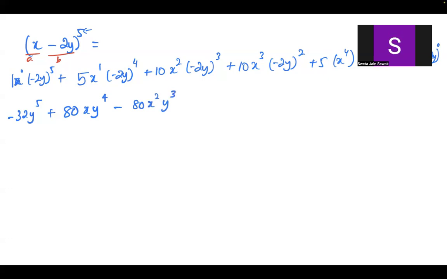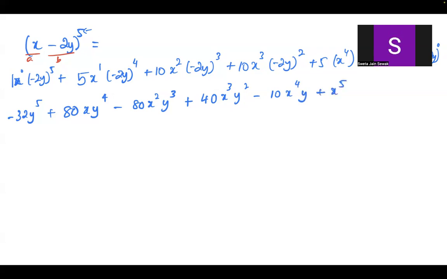I'm not going too much into details of this because I've shown you what cube means and how we multiply this. So this is really for you to verify whether what you've done is correct or not. The next term is plus 40x cube y squared. Next term is negative 10x to the power 4 y. And finally, our last term is x to the power 5.